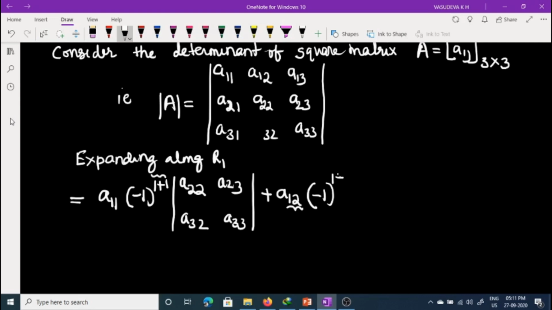Take that 1 plus 2, the sum of the suffixes, into the determinant of the matrix obtained by deleting the element A12, which lies in the first row and the second column.